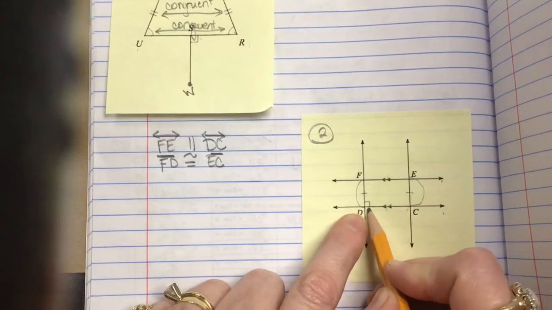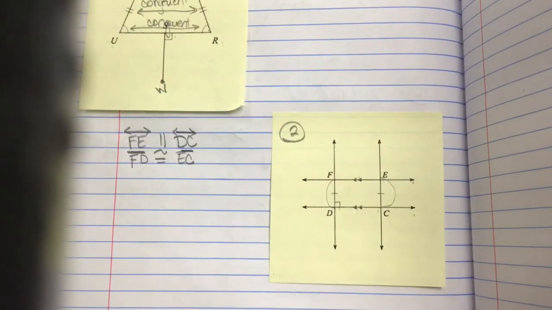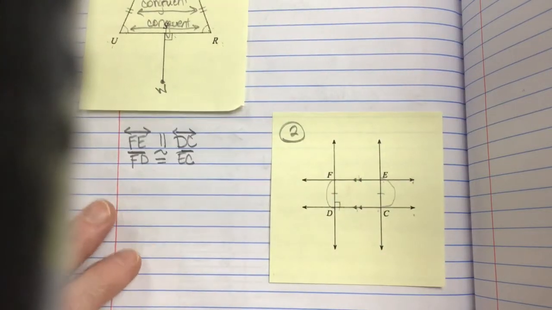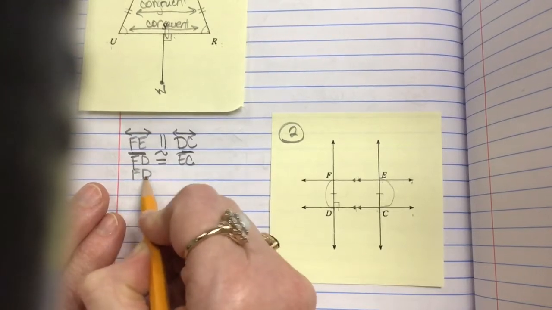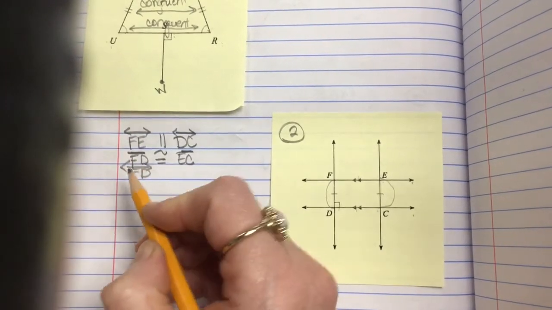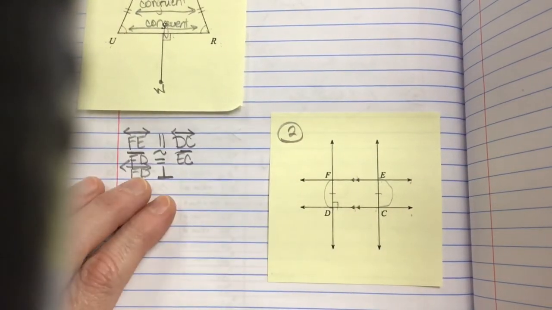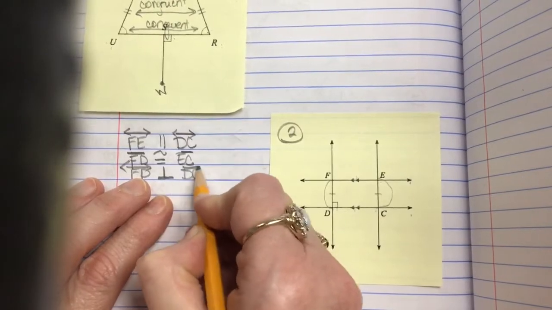Let's talk about that right angle right there. Now, what is perpendicular? Could I name them segments? Yes. Could I name them lines? Yes. I'm going to use the lines just because they are the big lines. So what 2 lines are perpendicular? Line FD, or segment FD, is perpendicular to segment or line DC.